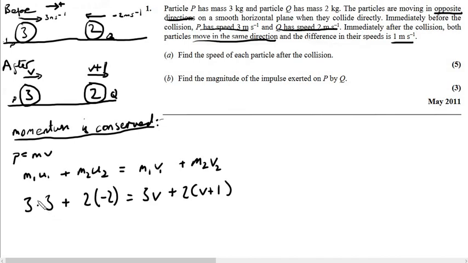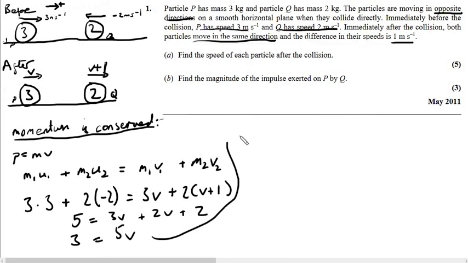So this is equal to 9 minus 4, which gives us 5, is equal to 3v plus 2v plus 2. So 3 is equal to 5v, and therefore v is equal to 3 over 5.